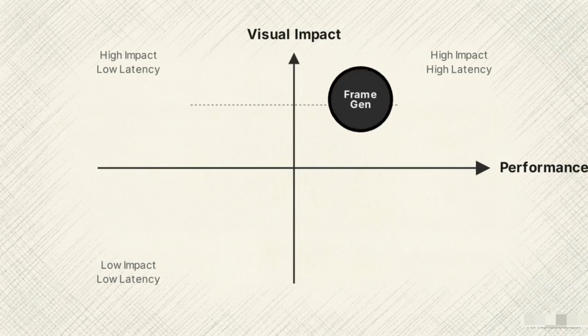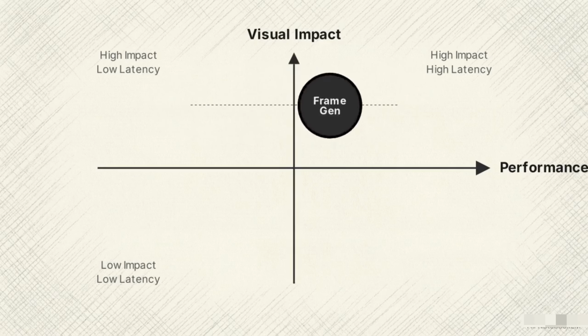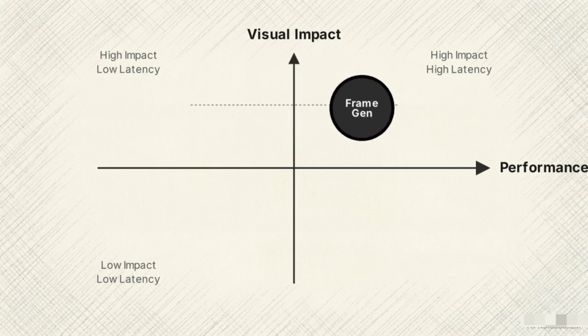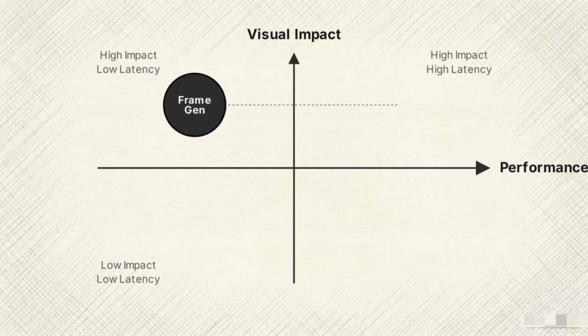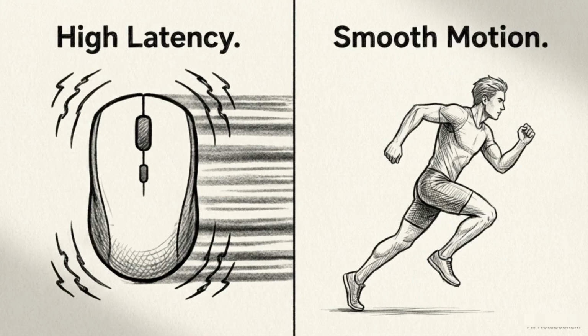The trade-off here is latency. Because the system has to process those extra frames, there's a delay between you moving your mouse and seeing it happen on screen. This makes frame generation a poor choice for fast-paced competitive games, where success depends on your reaction time. In the end, these features aren't a free upgrade. You are trading responsiveness for visual smoothness.